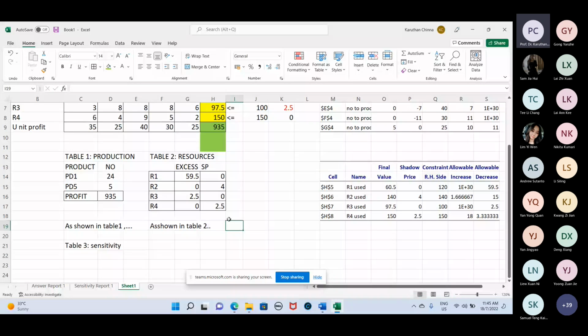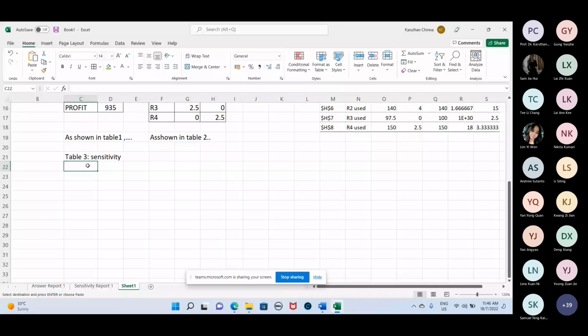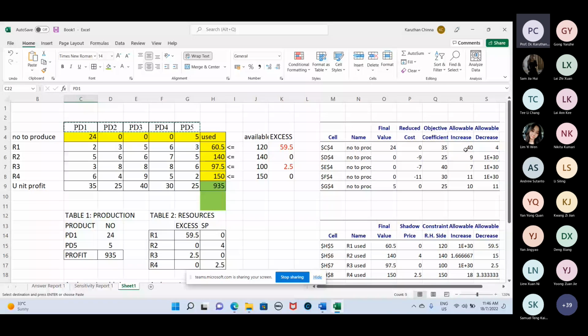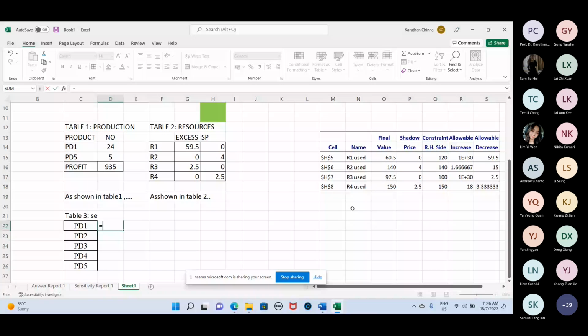So now sensitivity for products. So these are 5 products. Sensitivities for products. Okay, what's the sensitivity for products now? It's allowable increase, allowable decrease, right? So the increase, remove this.